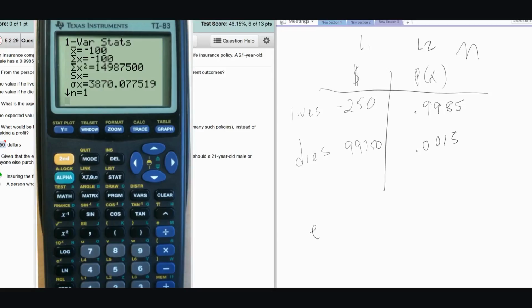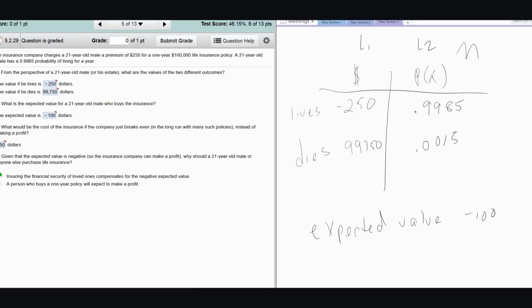So our expected value is negative $100. Okay, so that's the expected value. So what they're saying is that the 21-year-old would expect to kind of lose $100 each time.